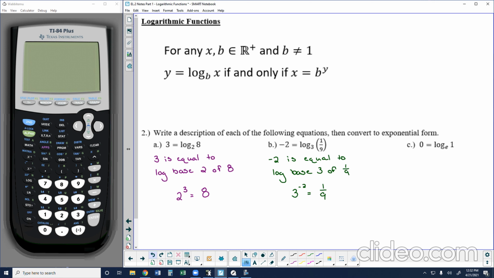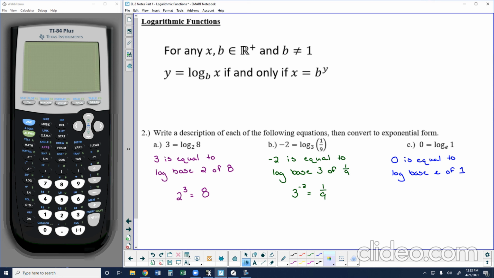At this point, go ahead and pause the video and see if you can complete C. So C, I could describe as 0 is equal to log base e, or Euler's number, of 1.